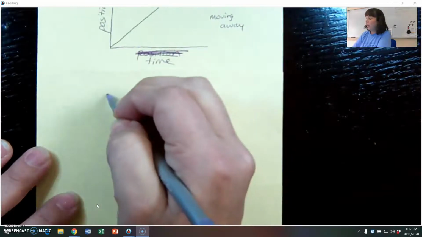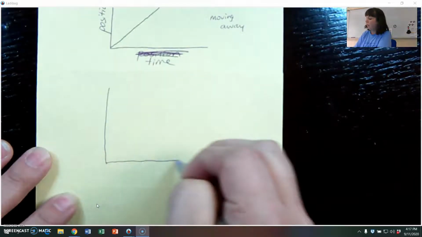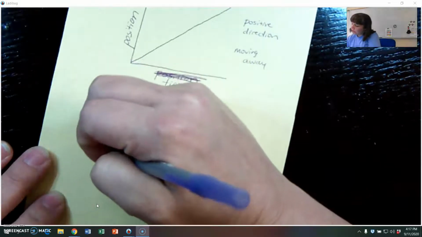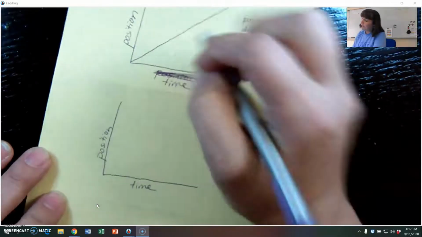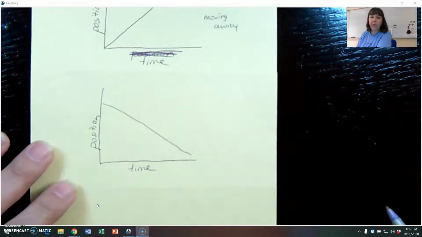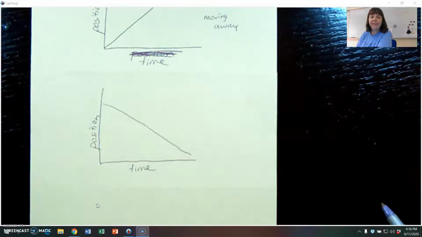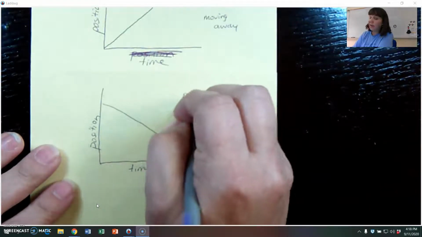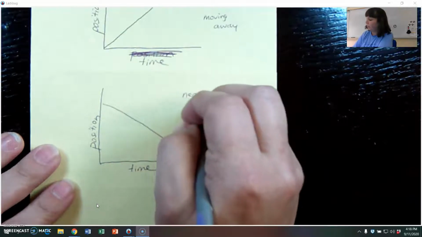We are going to make a position time graph, and this time I'm going to put time on the bottom like I should, and position at the top. Okay. But this time we're going to make a negative slope. If our position time graph has a negative slope, that means we are moving in a negative direction.